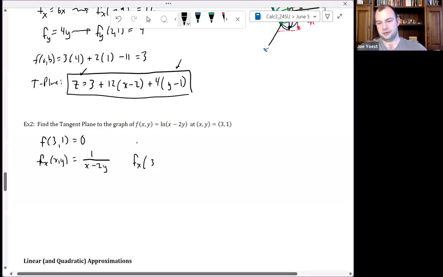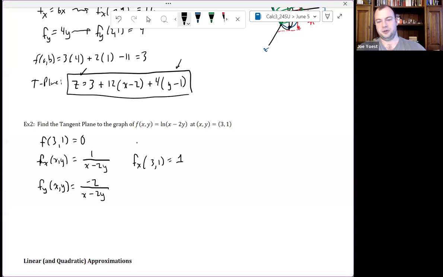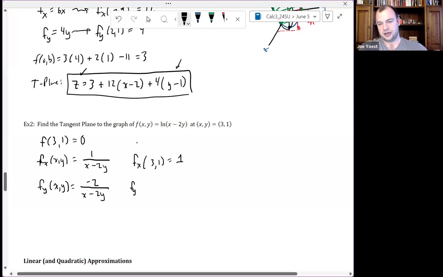And fx(3,1), when x equals 3, y equals 1, is 1 over 1, or just 1. fy(x,y), again, we have log of a function of y, so we get 1 over x - 2y, and then the chain rule now pops out a -2 from taking the partial with respect to y of x - 2y. And fy(3,1) is -2 over 1, which is -2.